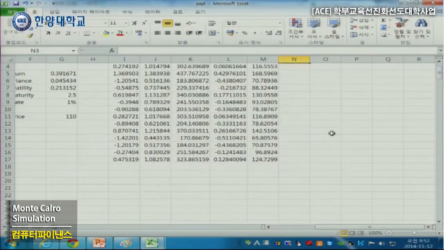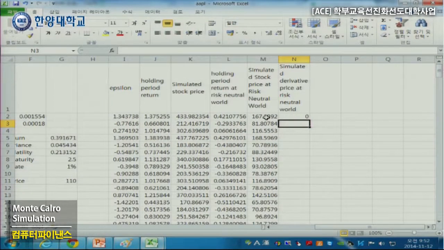Okay. So in this case, the simulated stock price is 167, and the exercise price is 110. We are not going to exercise at this time, right? Because we don't want to sell a $167 asset at 110. We don't want to do that. So we don't want to exercise, so the payoff from the derivative is 0.